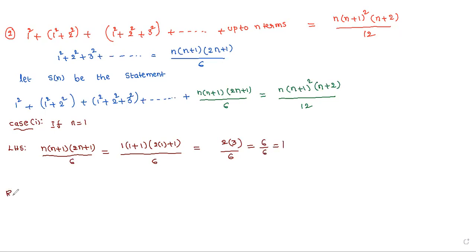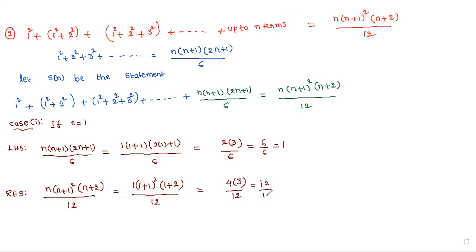RHS: n into n plus 1 whole square into n plus 2 by 12. N value 1: 1 plus 1 whole square, 1 plus 2 by 12. 1 plus 1 is 2, 2 square value 4, 1 plus 2 is 3, 12 by 12, that is the value 1. So LHS is equal to RHS. Write down next case 2.